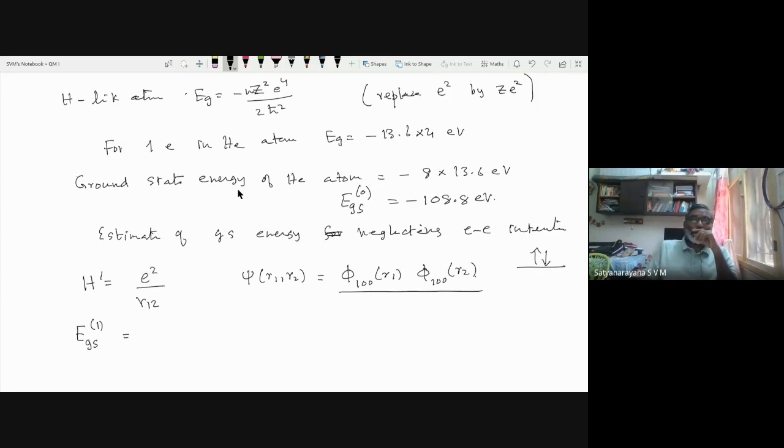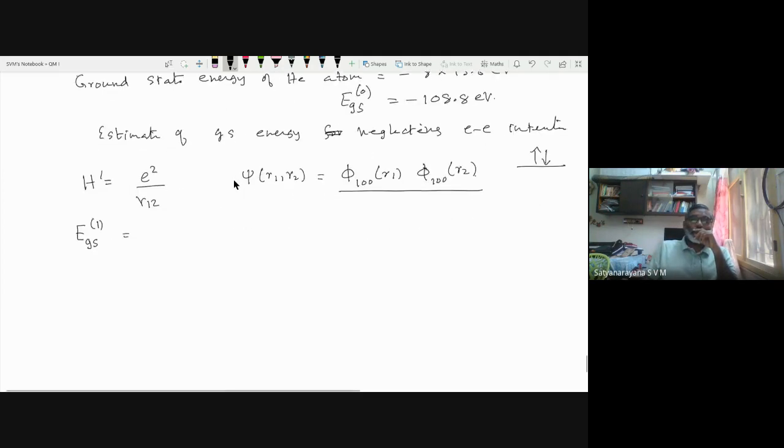The phi 100 wave function is some constant, let's call it A, into e to the minus 2r1 by a, where a is the Bohr radius.